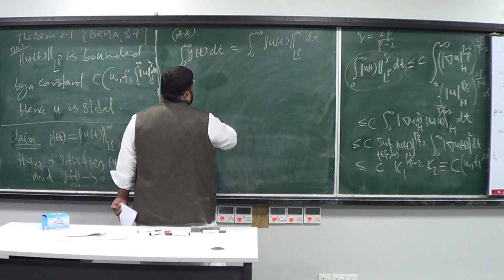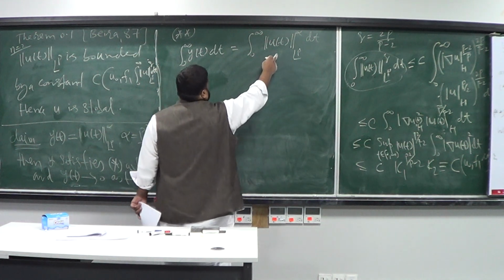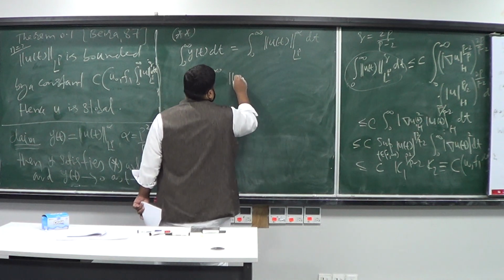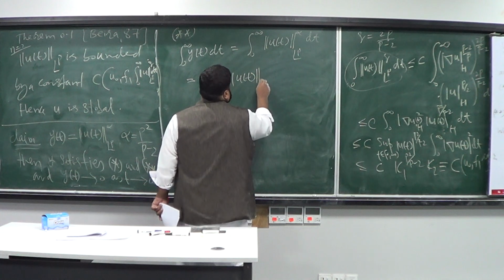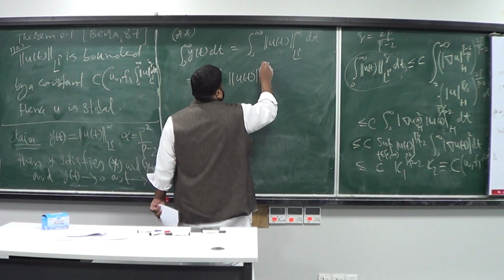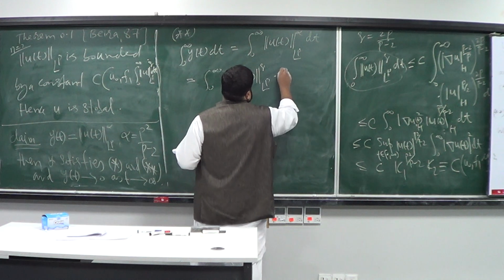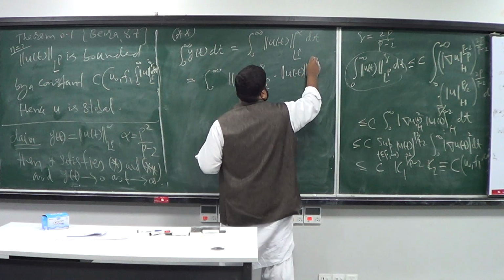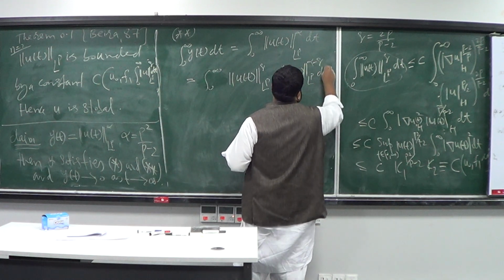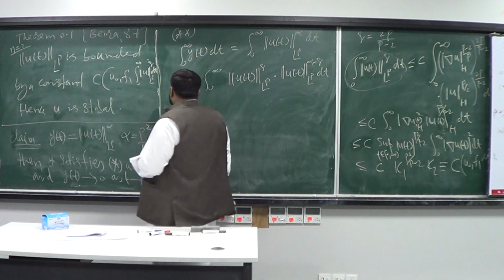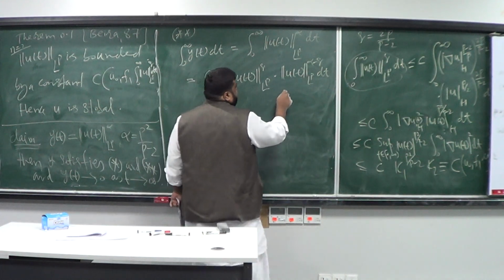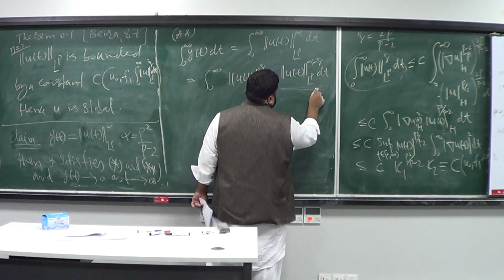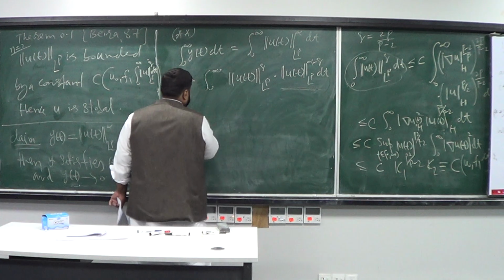So here's what I can do. Let's break this down into two powers: the LP norm of u of t to the power q, times the LP norm of u of t to the power alpha minus q, dt. I can take the supremum over time and pull this out of the integral.